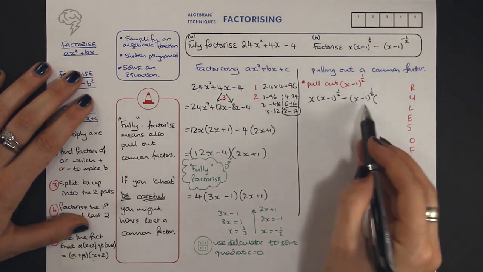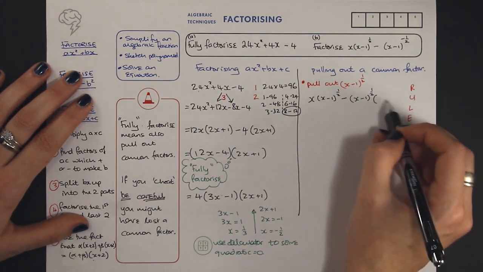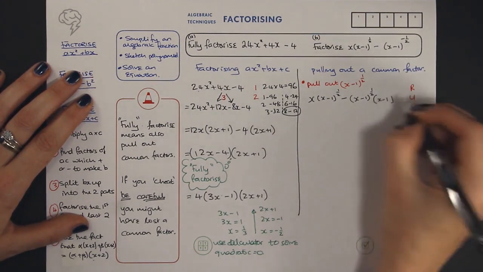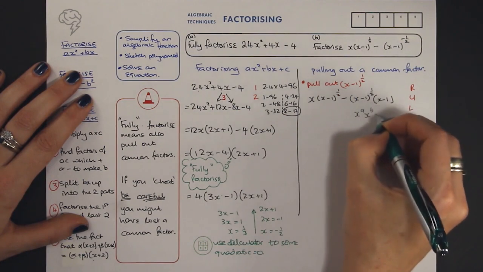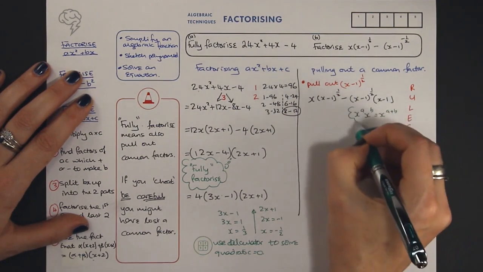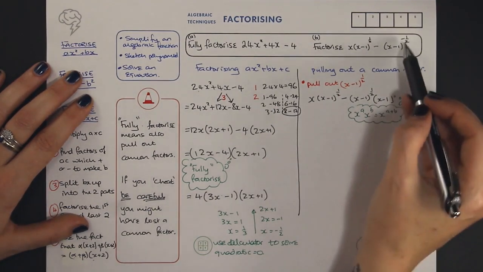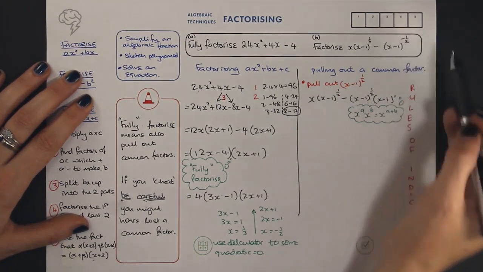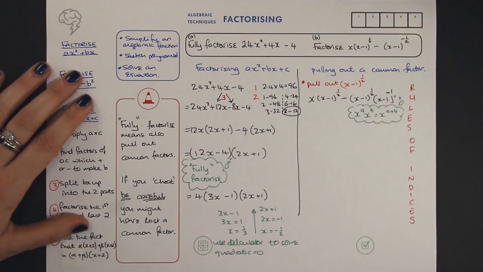I can just have it, provided I then compensate using the rules of indices and write something here that makes it actually true that that's the same as this. So, which rule of indices do I need? x to the a times x to the b is x to the a plus b. That's what I'm going to use. Now, if I've got a total of minus a half, and I've got a half here, then to make that true, I need to put minus 1.